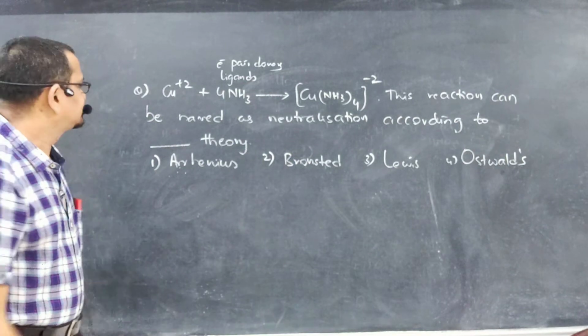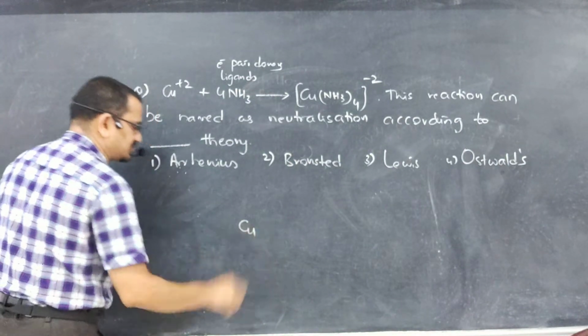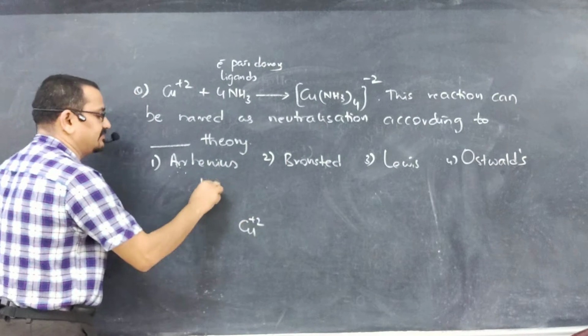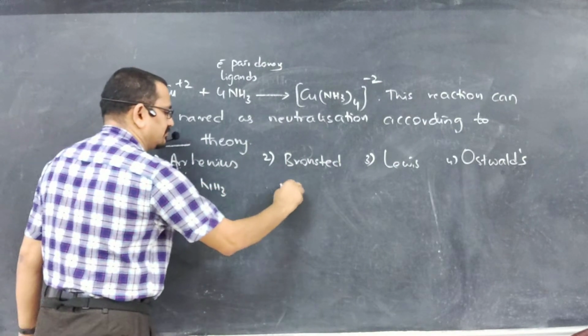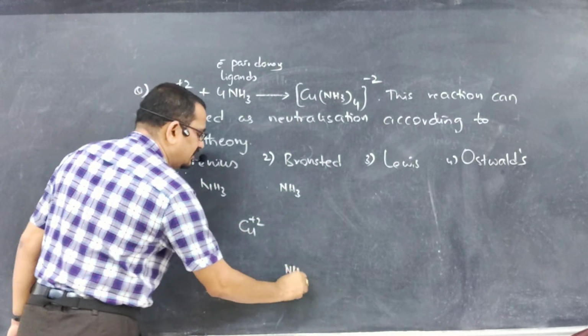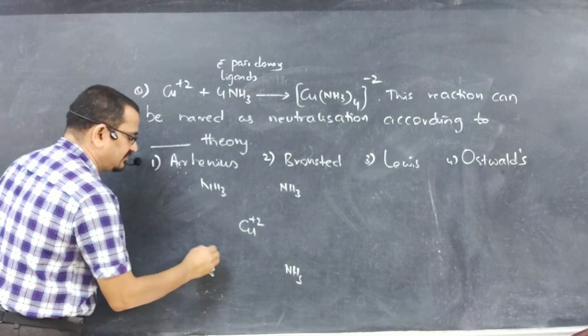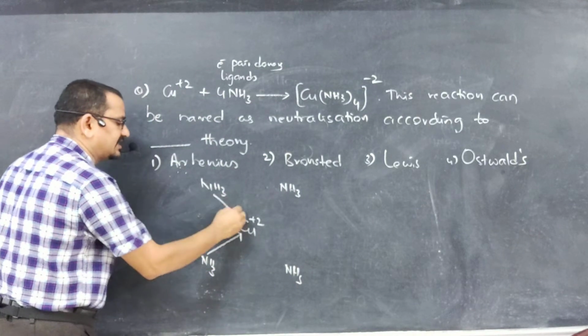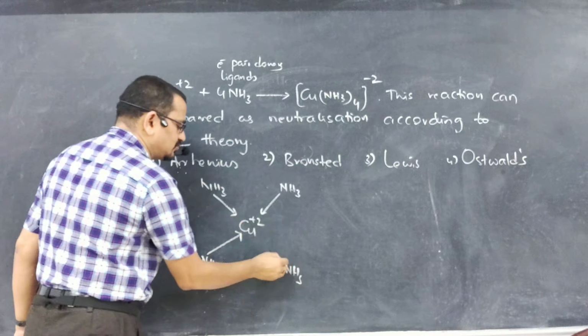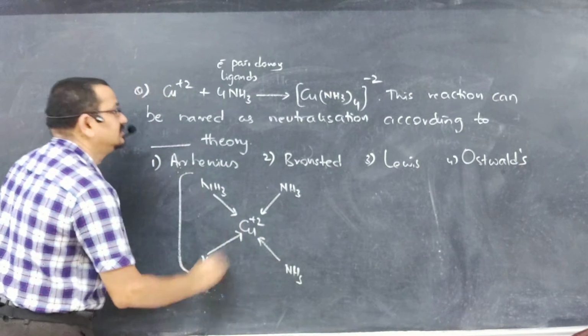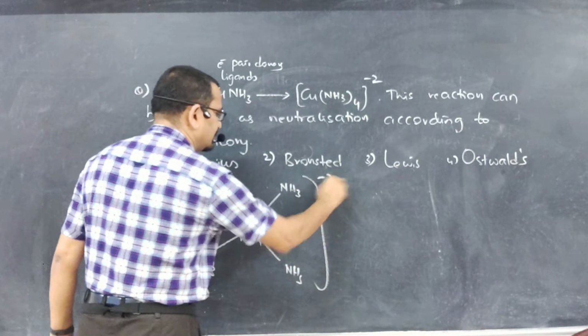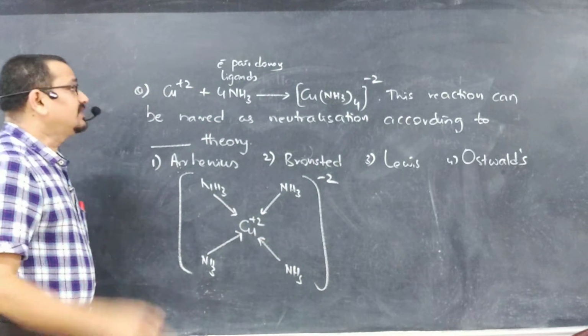Have you noticed this? Now, in this structure, Cu2 plus is surrounded by 4 ammonia molecules, where each ammonia is donating 1 electron pair to Cu2 plus cation, the central metal cation, thus forming this complex.